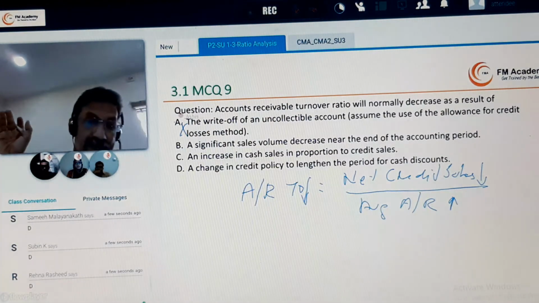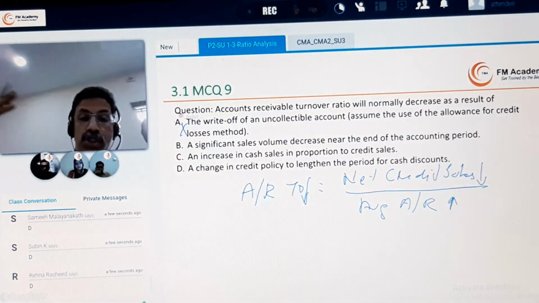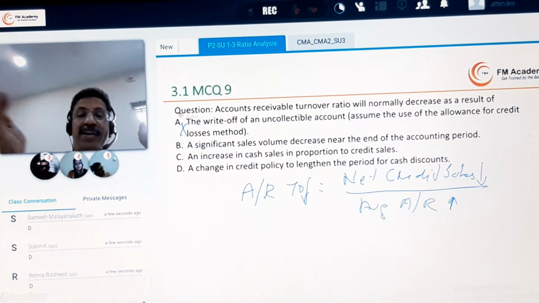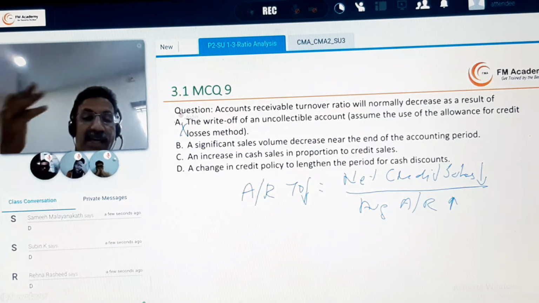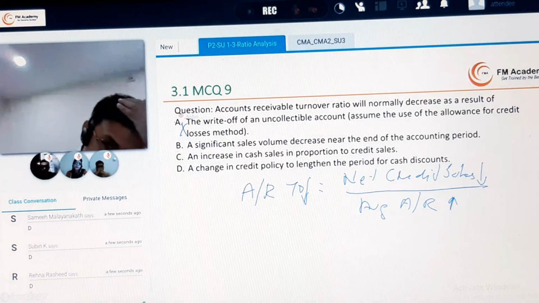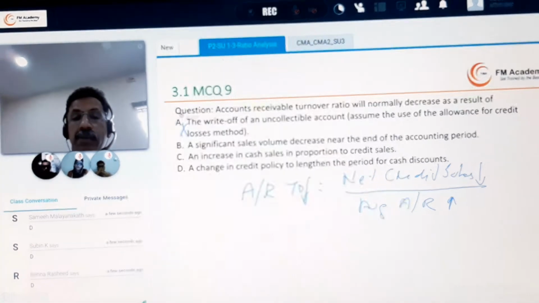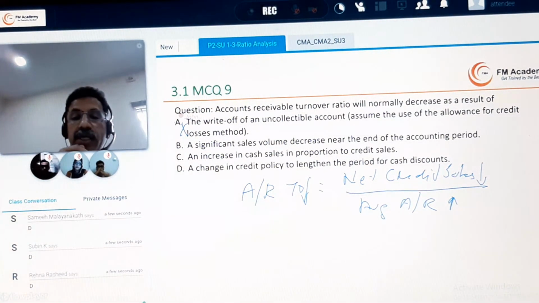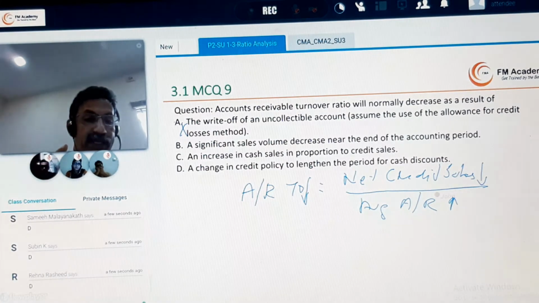It seems the company has chosen its natural business year as the fiscal year, right? Financial year. So that may be the case. When you have less sales volume towards the end of the accounting period, you would have collected almost all the receivables, the credit sales remaining unchanged, and the average receivable comes down, right? If that is the case, there is an increase in accounts receivable turnover you would expect, not a decrease. So this is also not the choice.